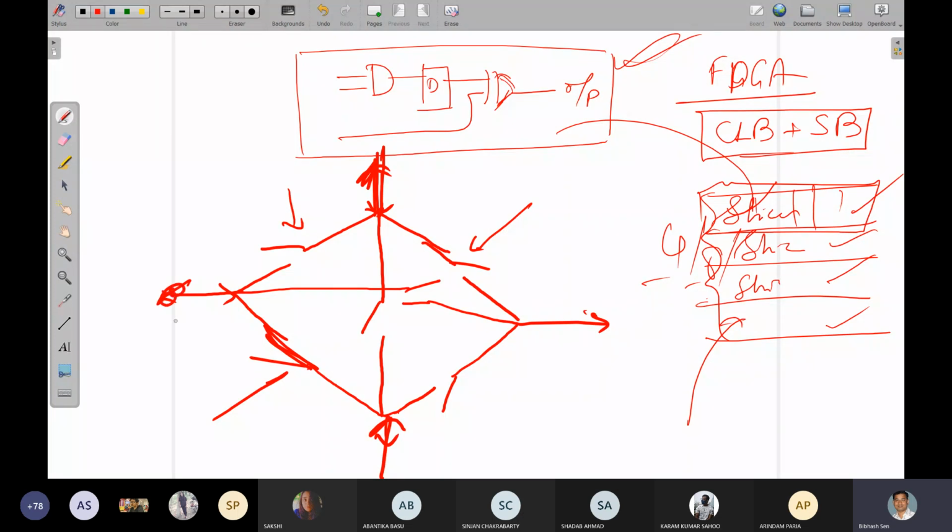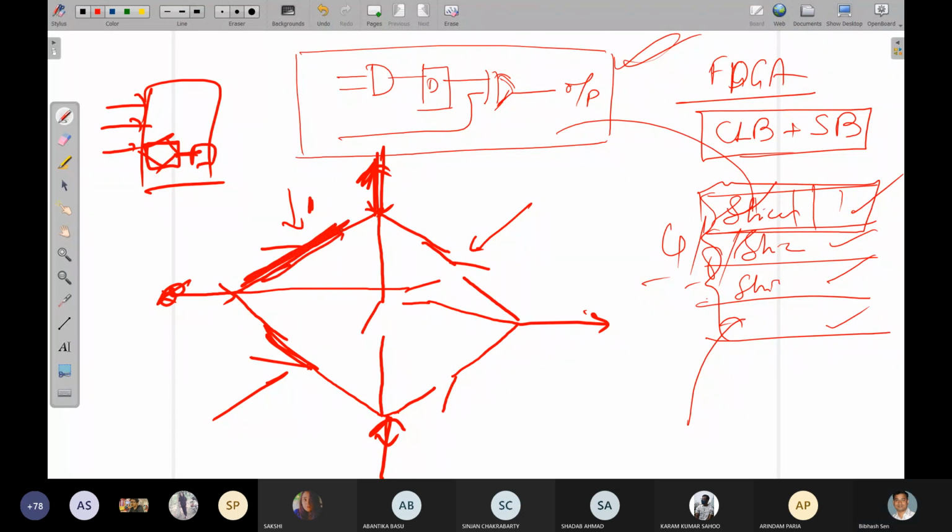In the FPGA, when the inputs come here, they are automatically connected with the switches and CLBs, and the CLBs are connected with the SBs. If I provide a 1 here, then it will be connected. The information can pass in this way, or in this direction.